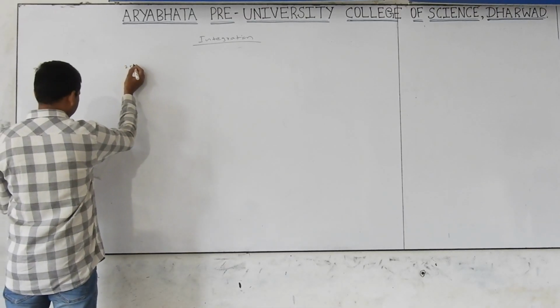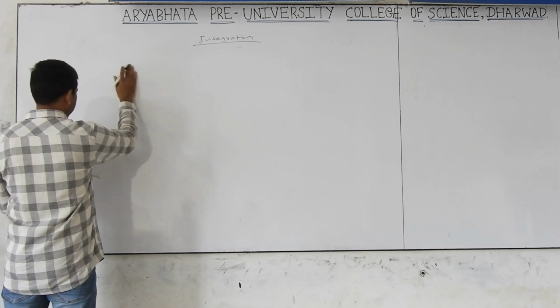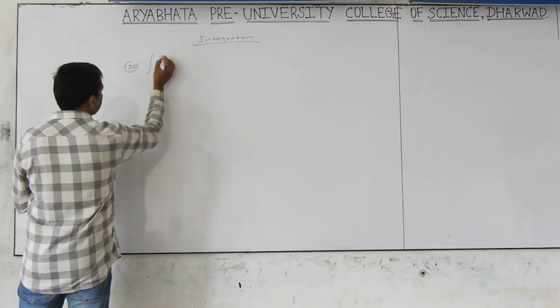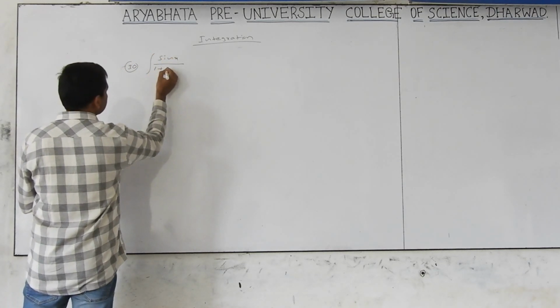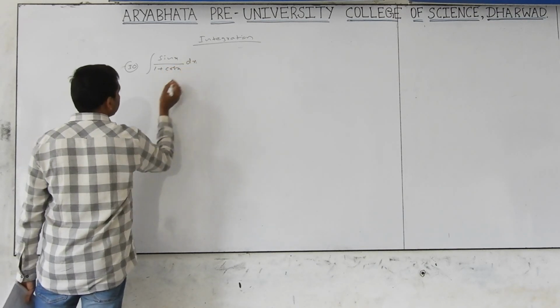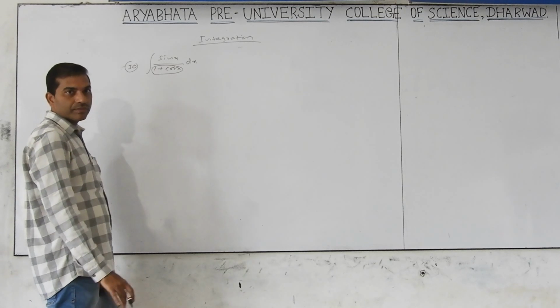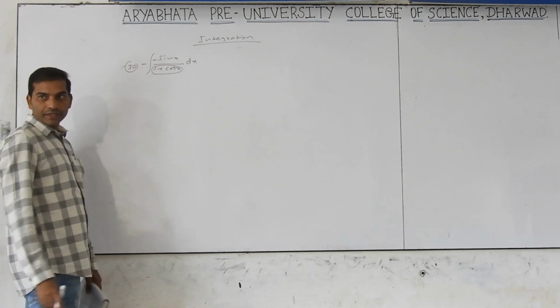Question number 20. Integration of sin x by 1 plus cos x. See, the derivative of 1 plus cos x is minus sin x, so multiply by minus in the numerator.